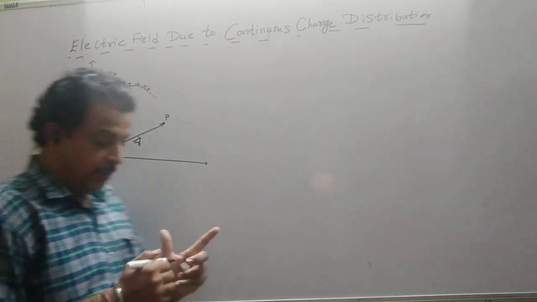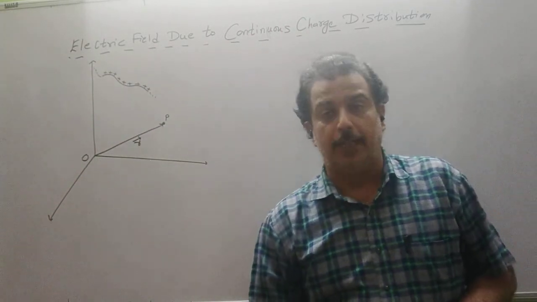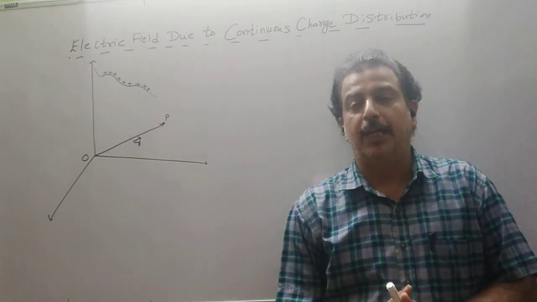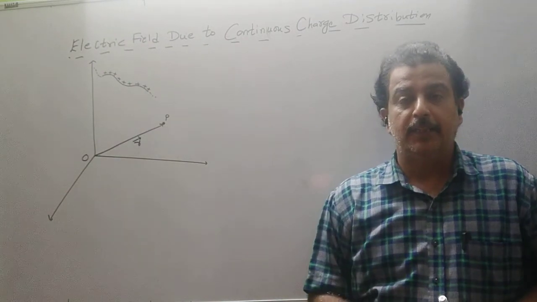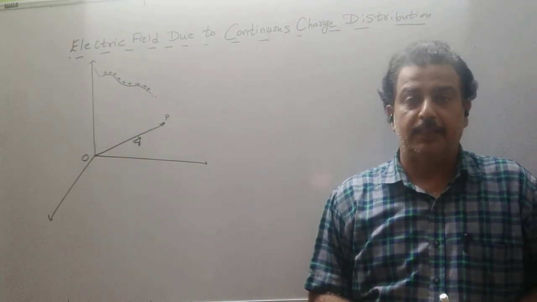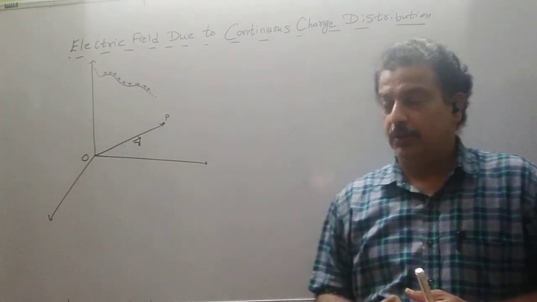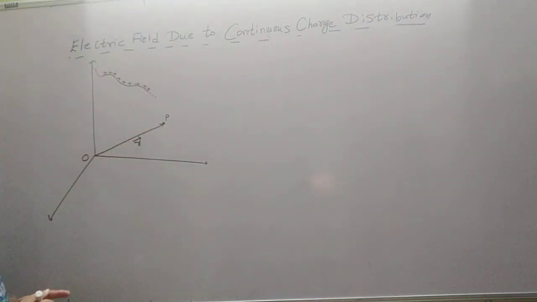Now what is the first step? While we are dealing with the continuous charge distribution, the entire distribution or the entire object on which charges are distributed should be divided into small elements such that each element tends to 0. Now this is an example of a linear charge distribution.